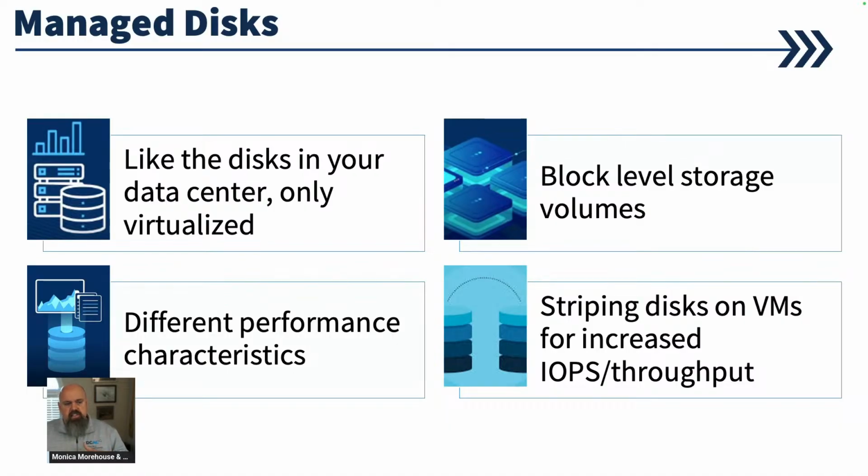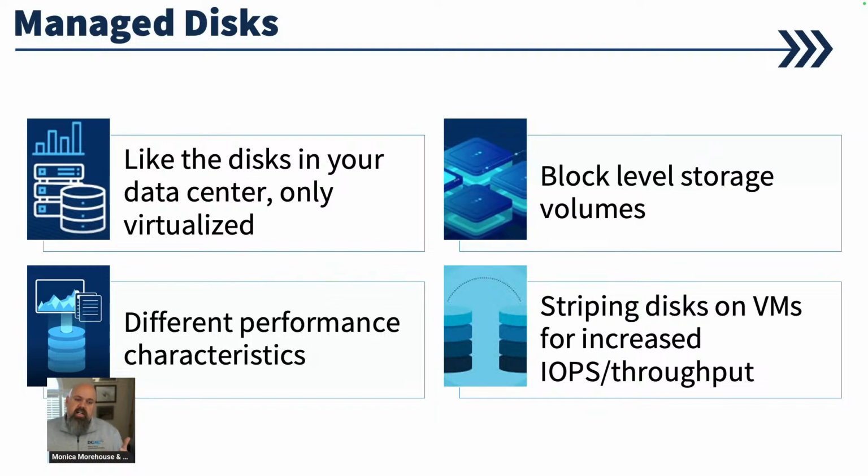Now, the disks themselves offer block level storage volumes, but they also offer different performance characteristics depending on which kind of disk that we choose. And one of the things that we can do with these virtualized disks is that we can actually stripe them together, and we can actually double or triple or quadruple the number of IOPS and throughput we get with that particular storage.